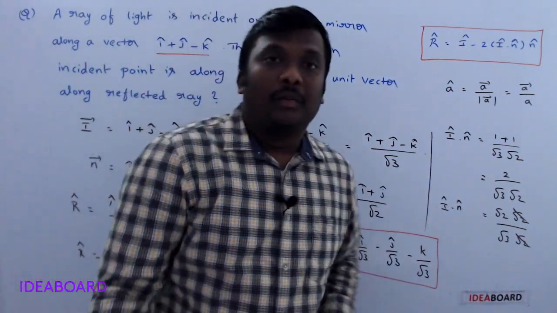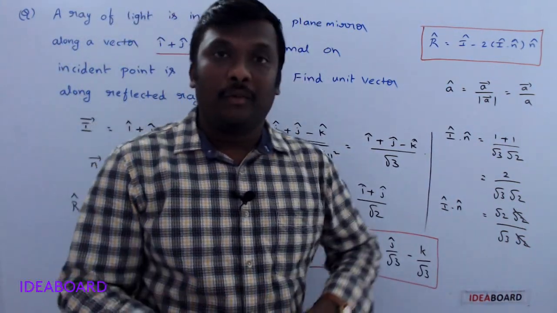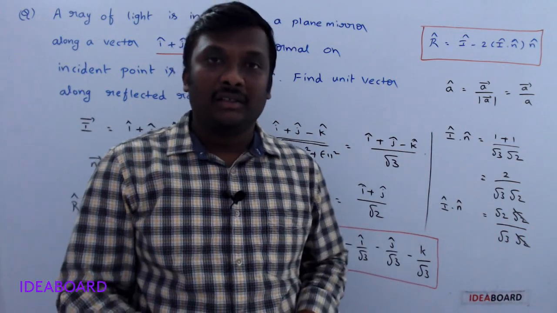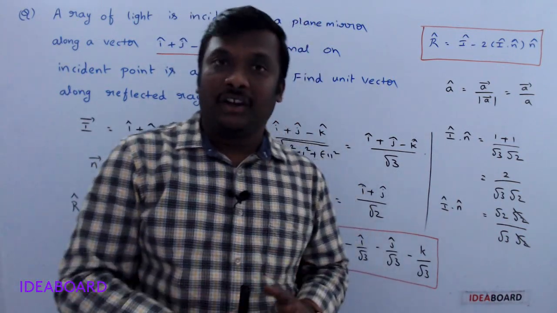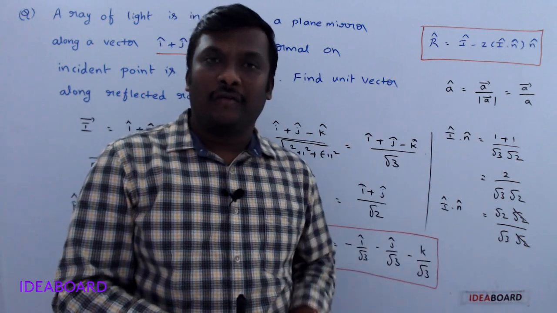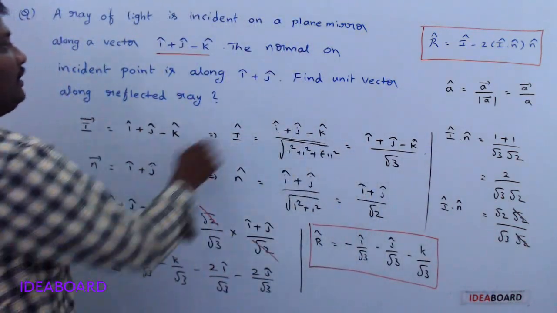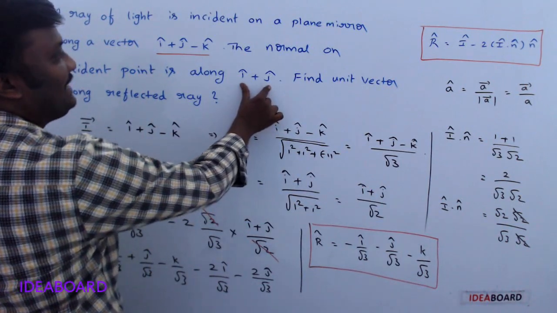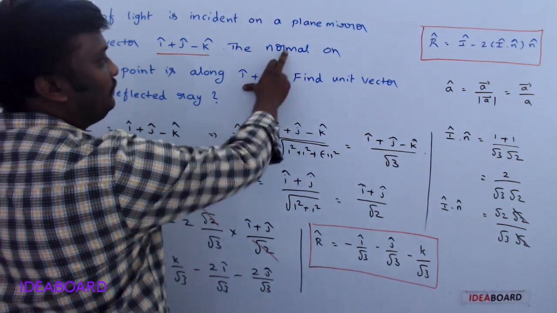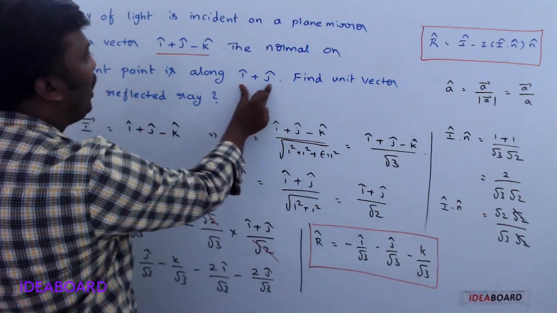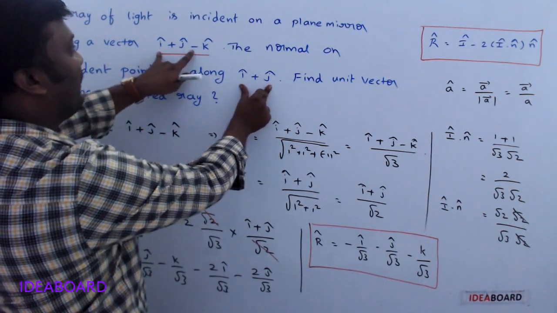Okay. In the previous numerical, we said one shortcut formula. What is the shortcut? The component of the incident ray along the direction of the normal only reverses. See, here the normal is i cap plus j cap. So these two components just reverse.